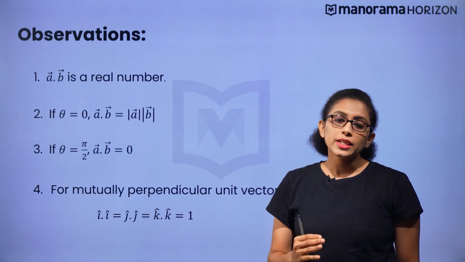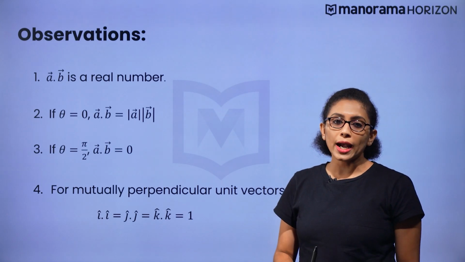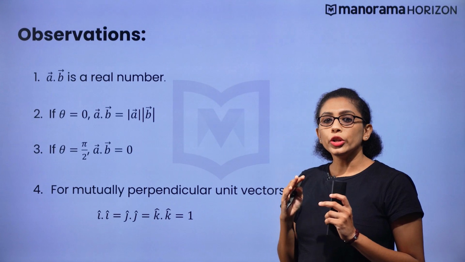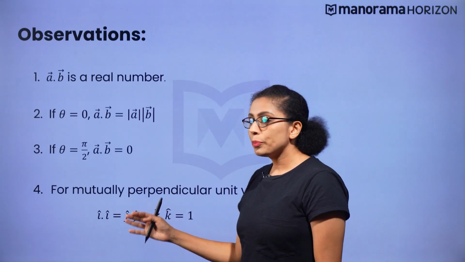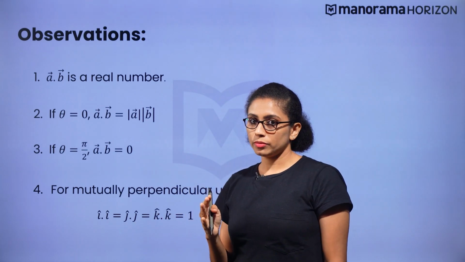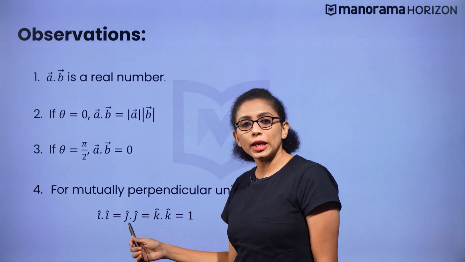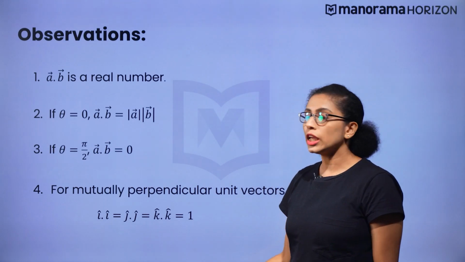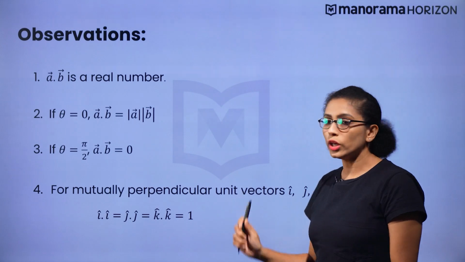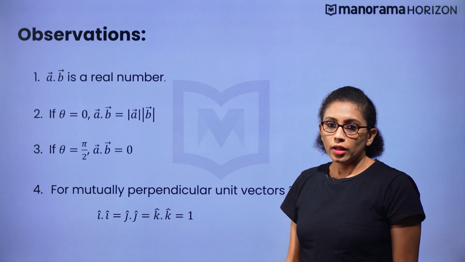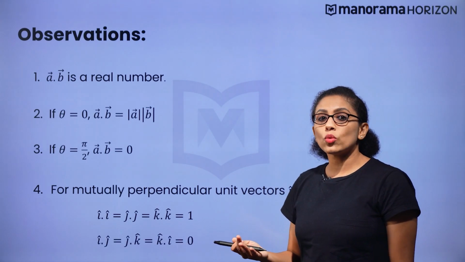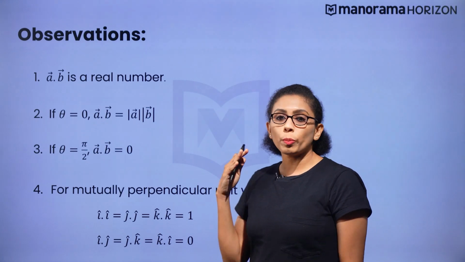And this fact helps us to conclude that for the unit vectors, i cap dot i cap, that is i dot i, will be equal to j dot j, equal to k dot k, equal to 1. The dot product of two vectors is equal to 0 when theta is equal to pi by 2.